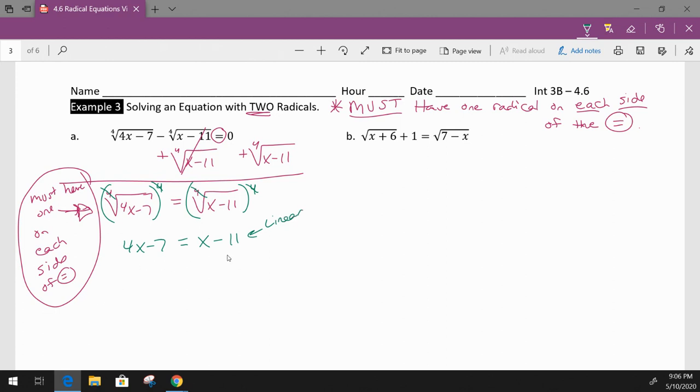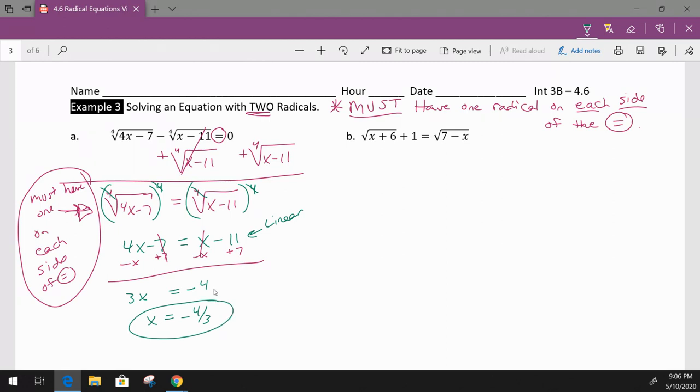When you have a linear equation, you want to get the variables on one side and the constants on the other. So I will subtract x from both sides and add 7 to both sides. So the x's eliminate there, the 7's eliminate there. So now I have 3x equals negative 4. Divide by 3 on both sides, and x equals negative 4/3.